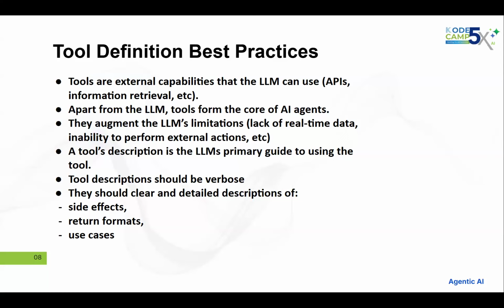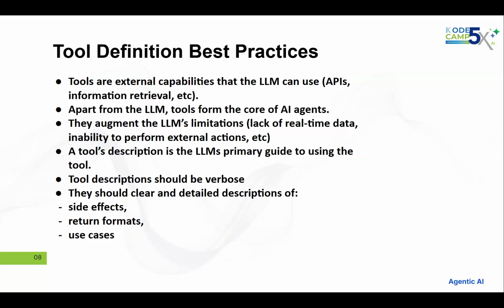Because of the importance of a tool, tools are important, but you also need to understand that the primary guide that the LLM has on how to use the tool, on what the tool is for, on which scenarios the tool would be beneficial in, is the description of that tool. And so it's important for you to be detailed in your description when you're defining the tool.